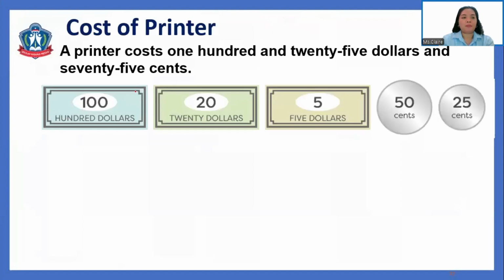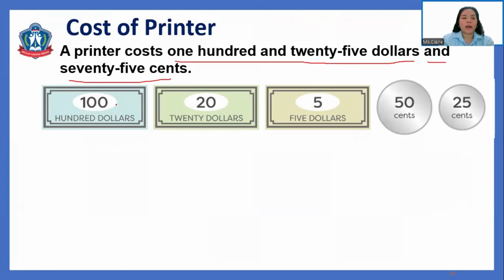Okay, now let's continue. Let's study the cost of a printer. A printer costs $125.75.